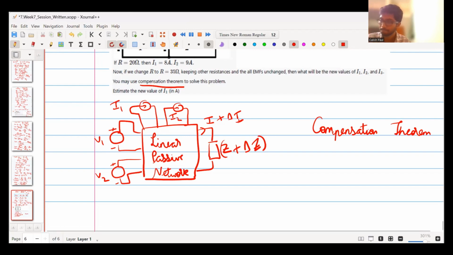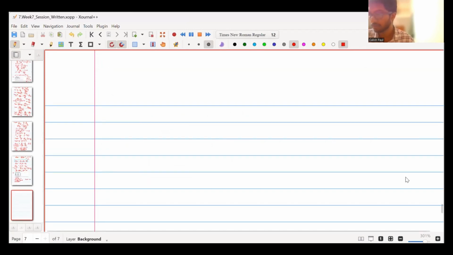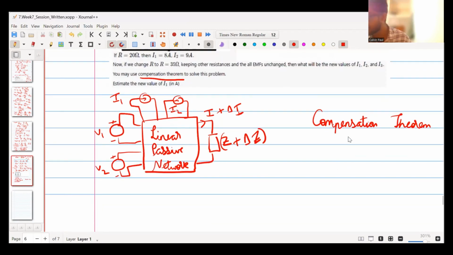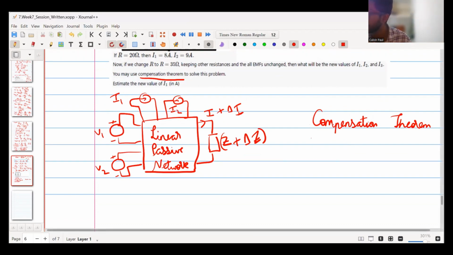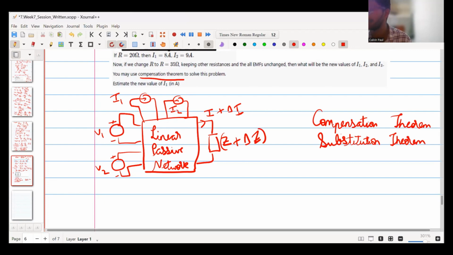Now, what we will do is, do you guys know what is substitution theorem? What is that? In substitution theorem, we can replace any source to any branch.